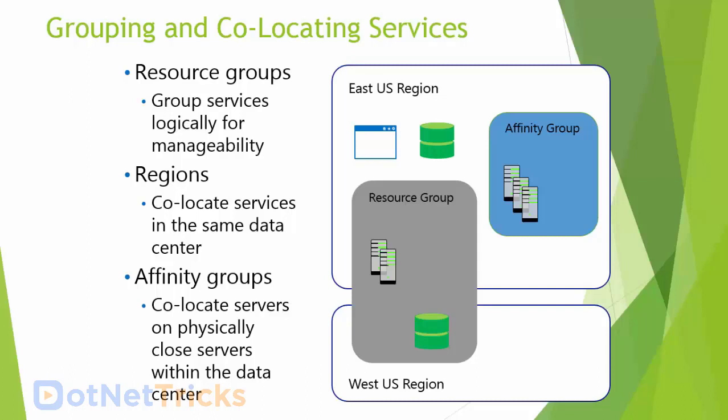I am saying rack number 1 or rack number 2, but it should not be in rack number, say, 30,000. So that's what Microsoft recommends: when you create compute services, you should create a resource group. A resource group can work with multiple factors. It can be region-wise, or you can create multiple custom groups called affinity groups. So let's talk about all this.